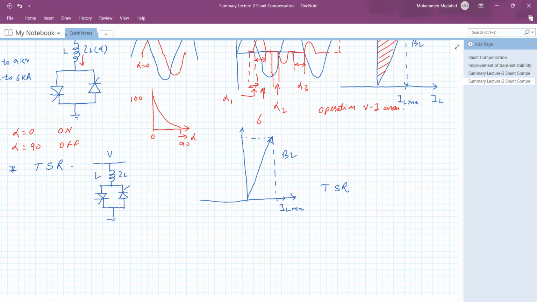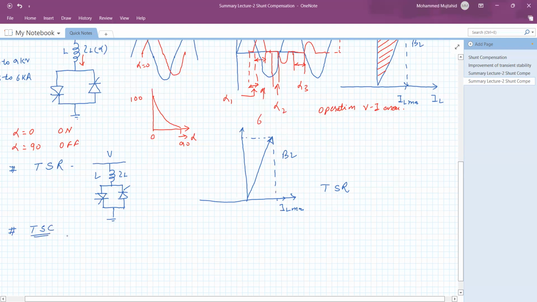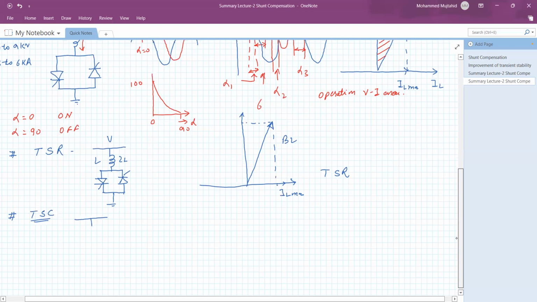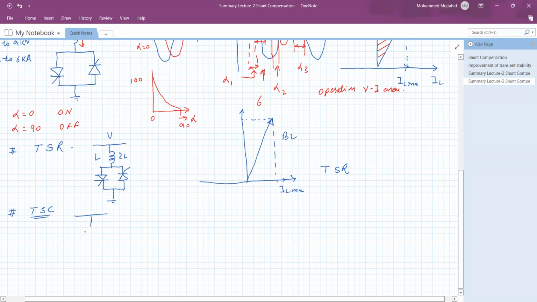Now, the third one is the thyristor switched capacitor, which we have seen. In the diagram, this is the voltage, and this is the capacitor whose value we want to control with the help of static switch valves.